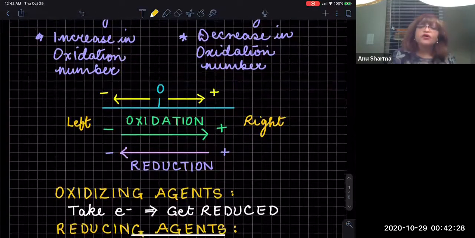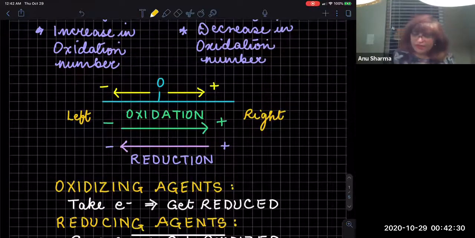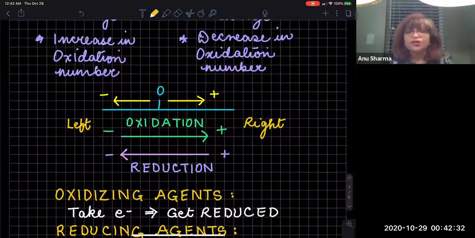There is also a concept of oxidation numbers. So an increase in the oxidation number is going to be oxidation, and a decrease in the oxidation number is reduction. Before we start with the oxidation numbers, I just want to look at the placement of oxidation and reduction on a number line.